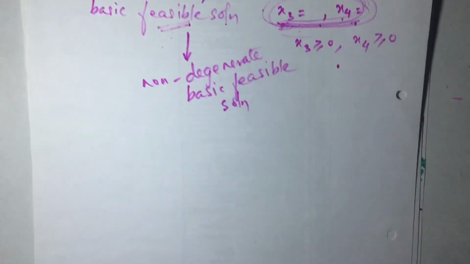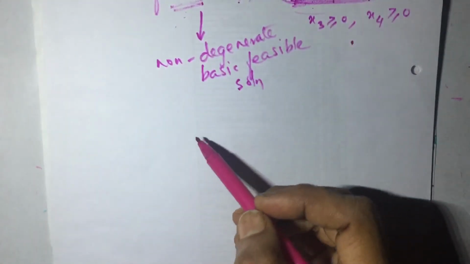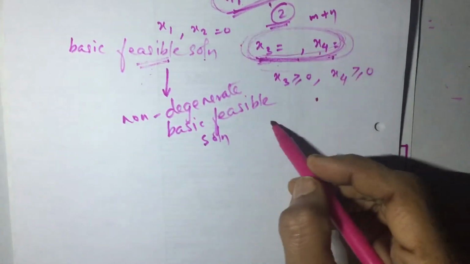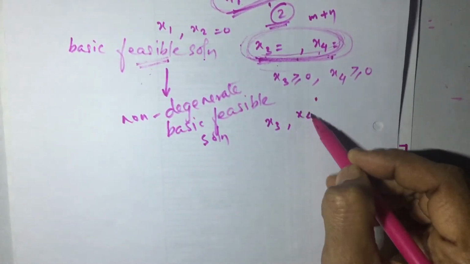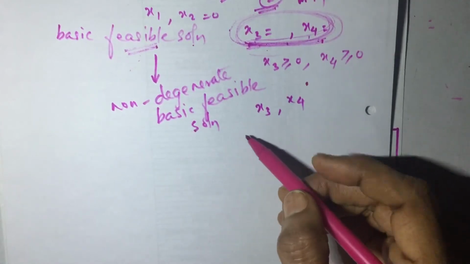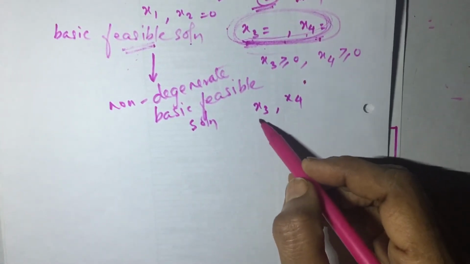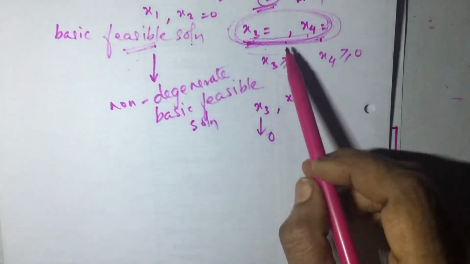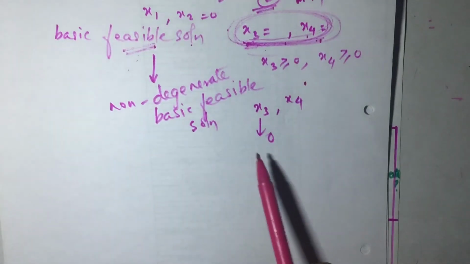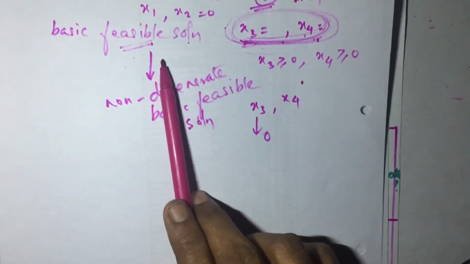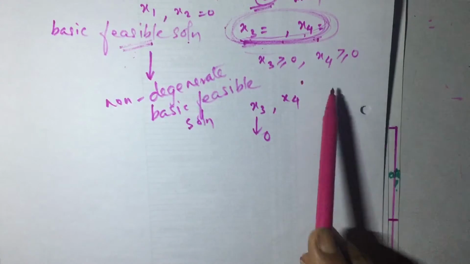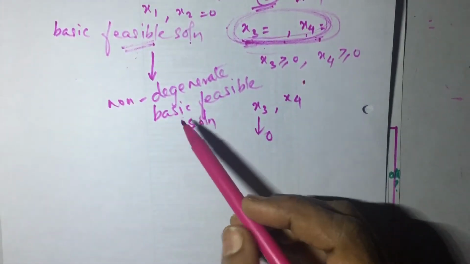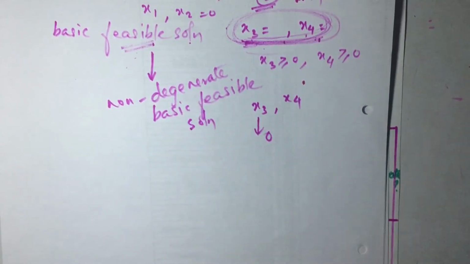Suppose I am considering this x3 and x4. While solving for x3 and x4, suppose one of these values is 0, or 2, or whatever number you find. So if in the basic feasible solution obtained one or more values of the m basic variables are 0, then this basic feasible solution is a degenerate basic feasible solution.